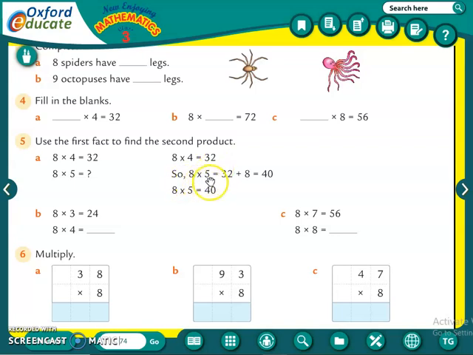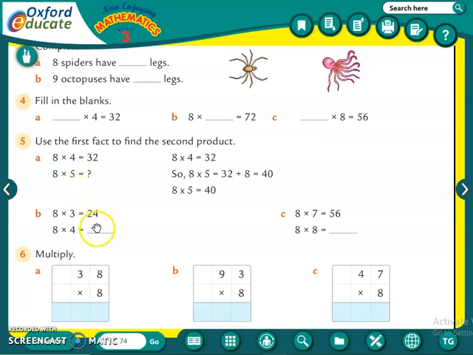So 8 multiplied by 5 is equals to 32 plus 8 is equals to 40. मतलब अगर 8 4 आपको आता है 32 तो उसमें आप 8 ऐड कर दोगे तो आपको 8 multiplied by 5 का आंसर मिल जाएगा. So 8 5 40.